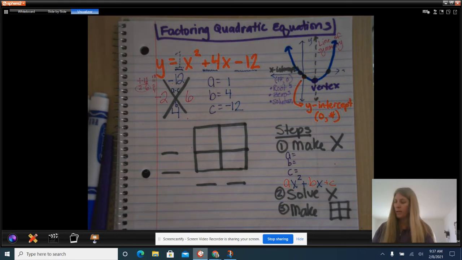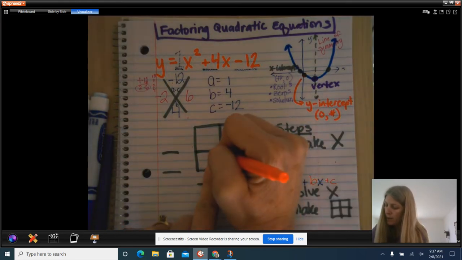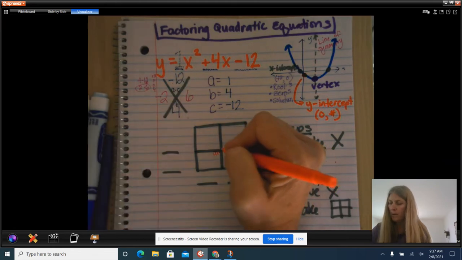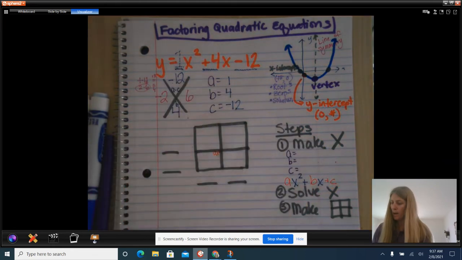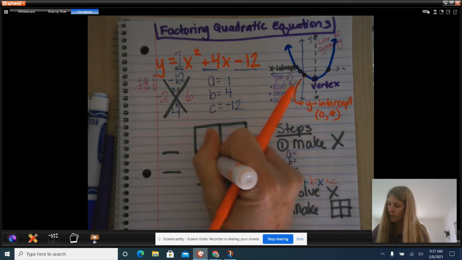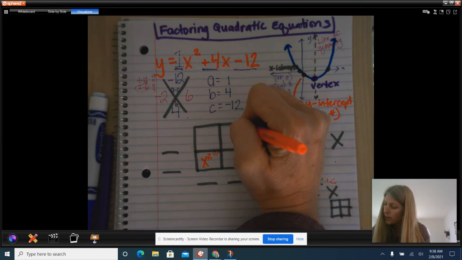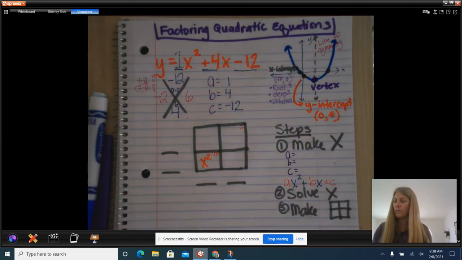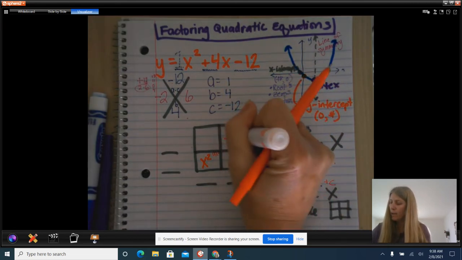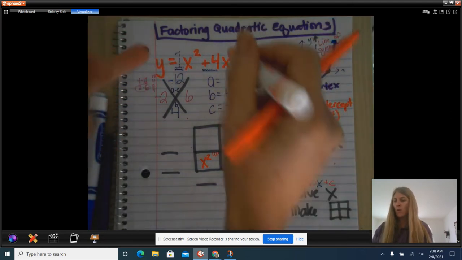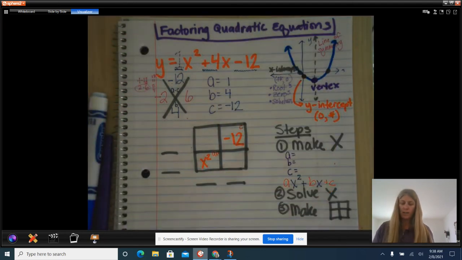What we put in this box down here is whatever your ax squared is from the top, and for me that's just a plain x squared. In the upper right, you're going to put your c, your constant, which in this case is negative 12.